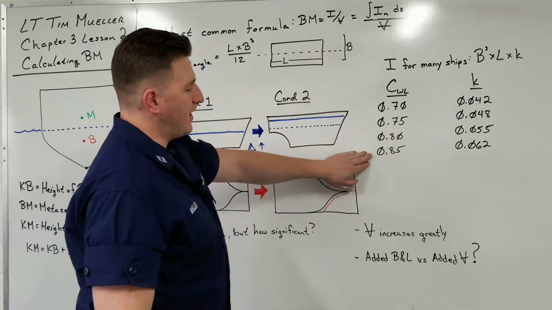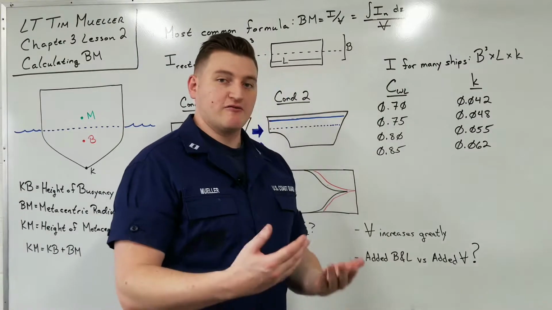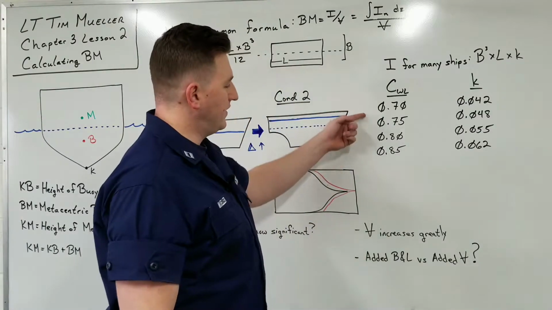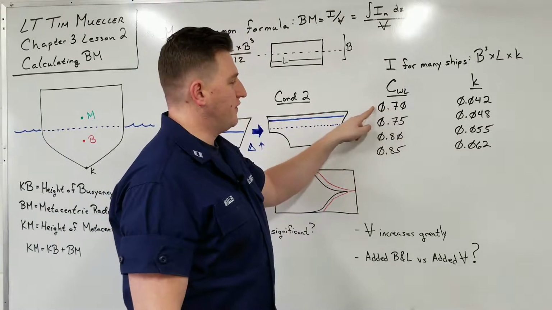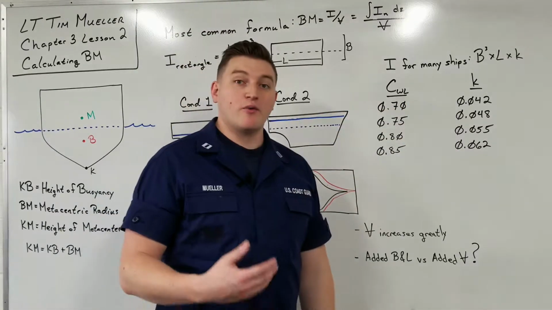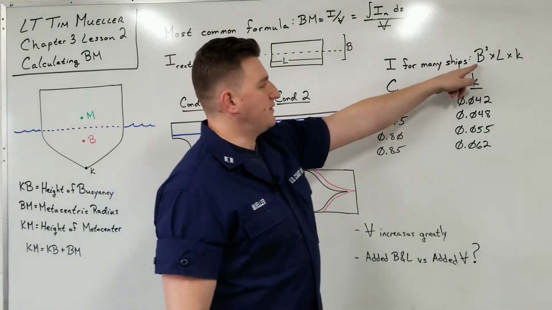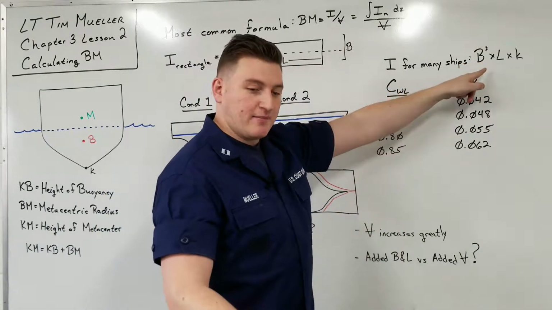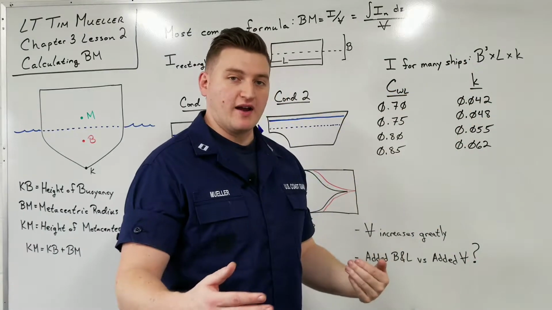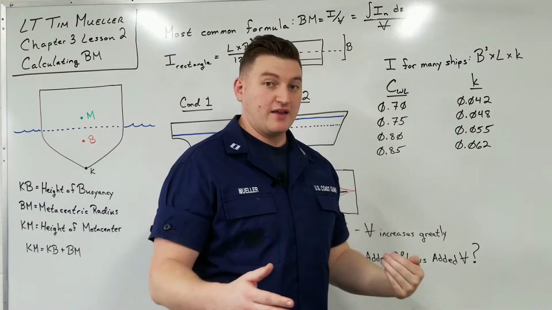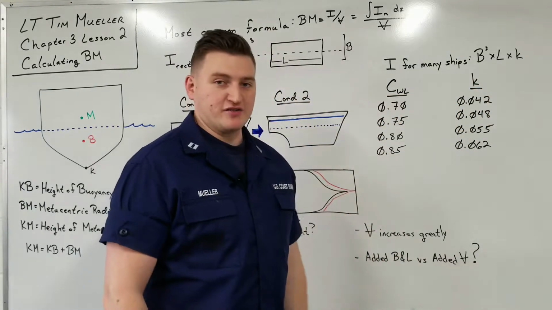Here are some very common waterline coefficients for ships found on the open ocean, right around 0.7 to 0.85. And here are the correction factors given for each one. So if we want to find the moment of inertia, we just take the beam of the ship, multiply it by itself 3 times, then multiply it by the length of the waterline, not the length overall of the ship, but the length of the waterline, then multiply by K, K being that correction factor.